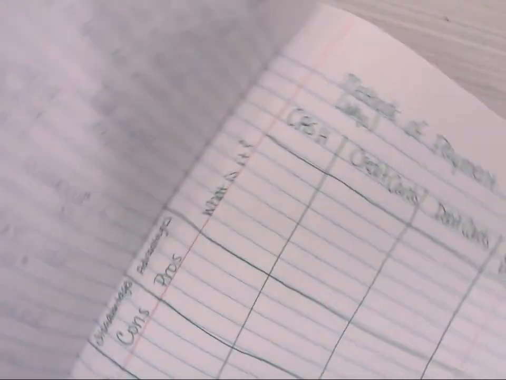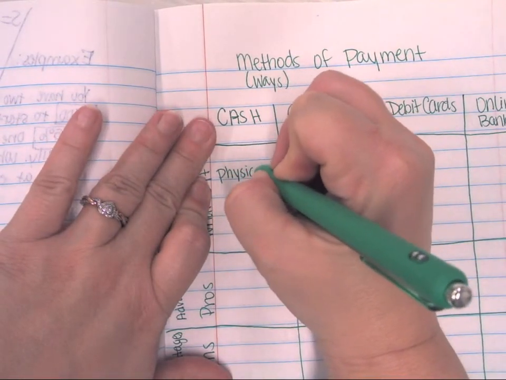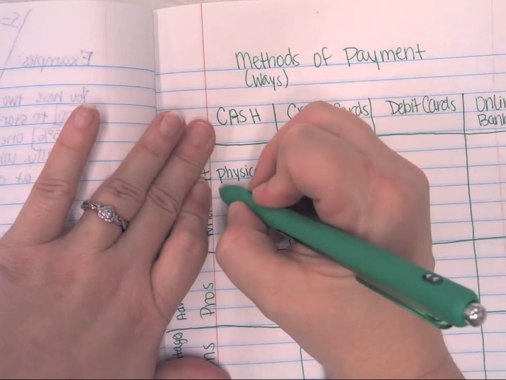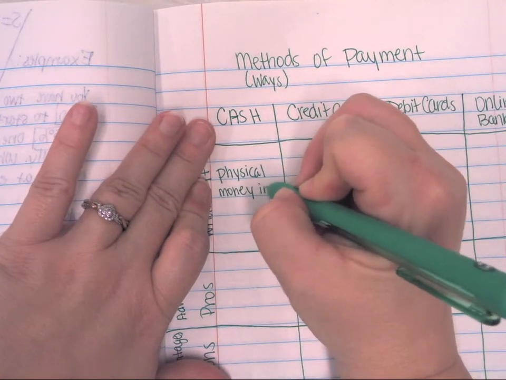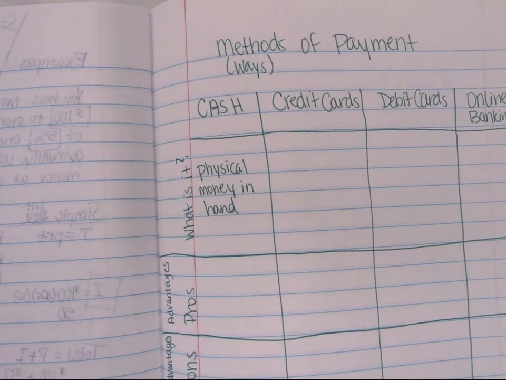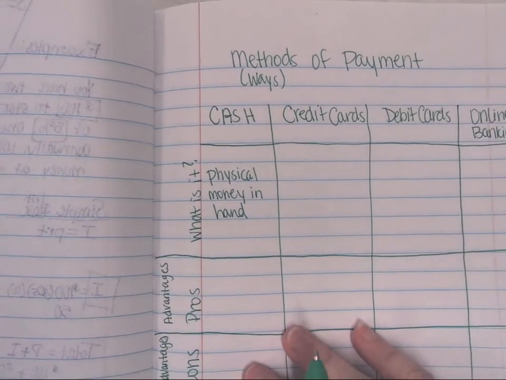All right, so cash. This is physical money in hand. Okay, this is like dollars, bills, any physical money that you have in hand. The advantages of using cash is that you actually feel the money.